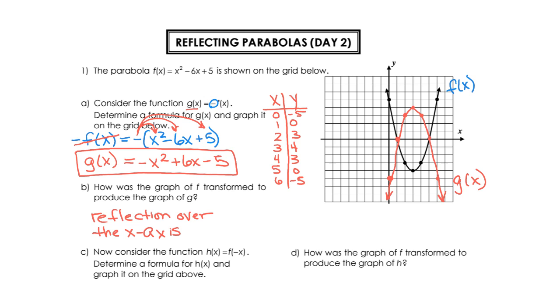What that negative actually did was it changed all my y coordinates, because when you reflect in the x, you change the y. So you change the y coordinates.